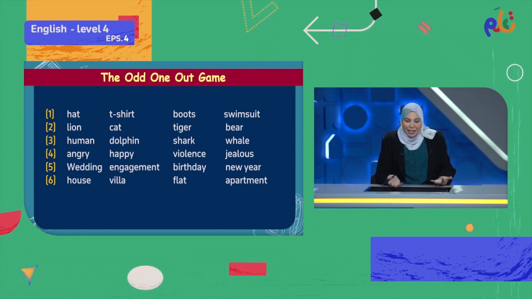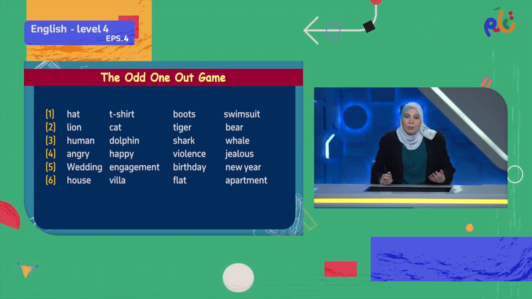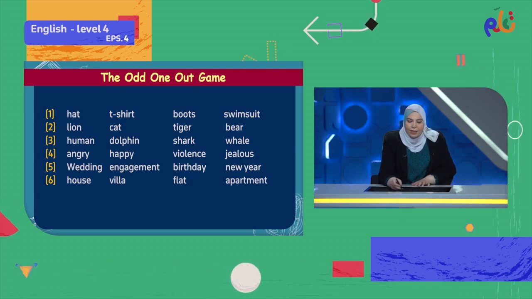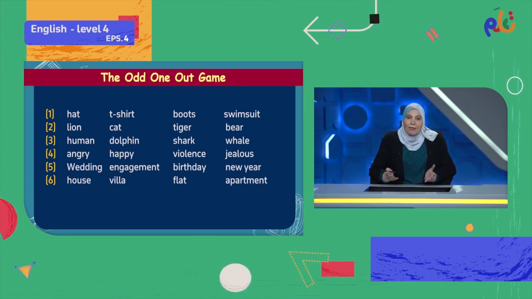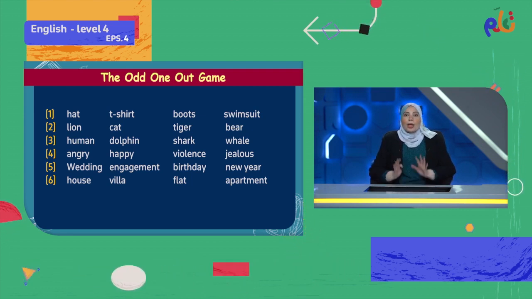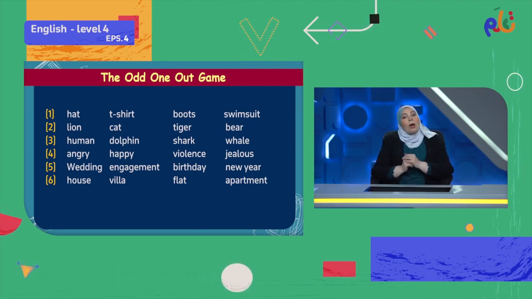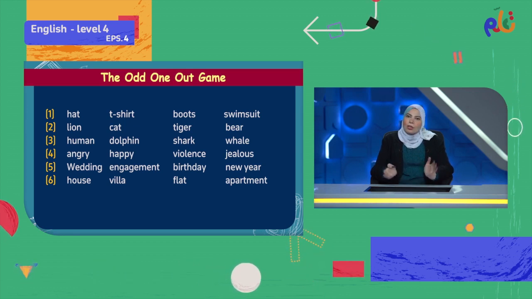It's a no-brainer here. It's human. Why is it human? Because human lives on land, while dolphin, shark, whale are aquatic. They live in water. So this is the first thing that would come to mind, and this is the obvious answer. But if we're going to think deeper, we might have a different option.